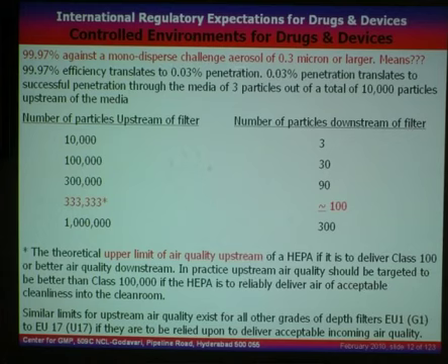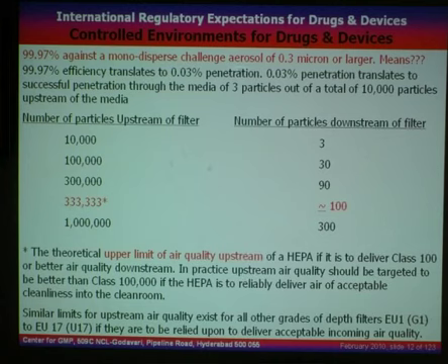99.97% efficiency translates to 0.03% penetration. 0.03% penetration means successful penetration through the media of 3 particles of 0.3 microns out of a total of 10,000 particles of 0.3 microns upstream of the media. In other words, if the number of particles upstream of the filter is 10,000, then the number of particles downstream is 3.